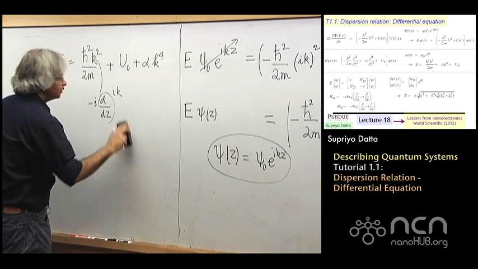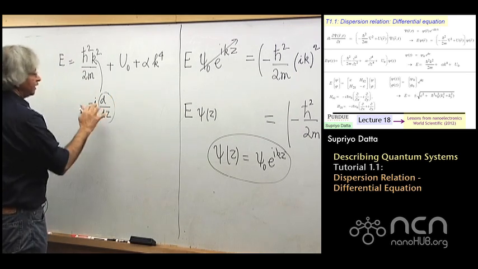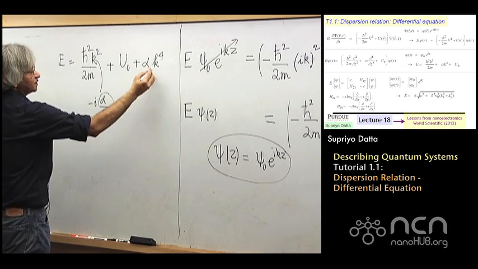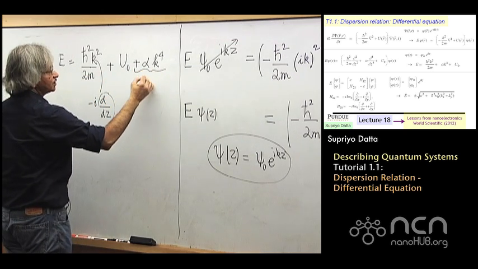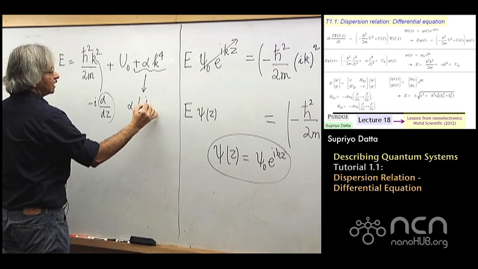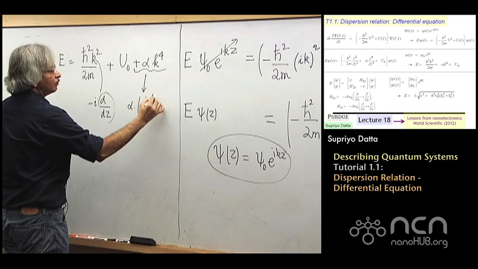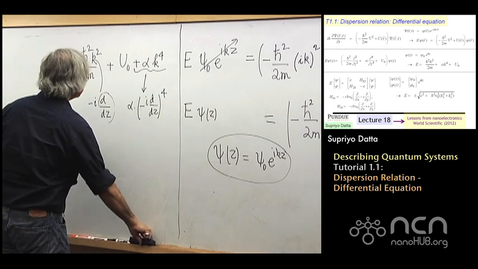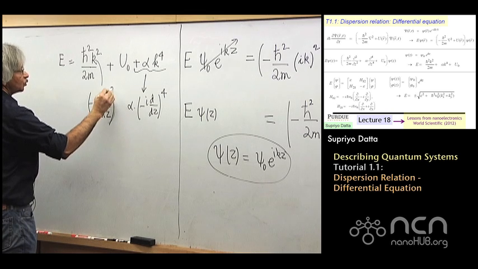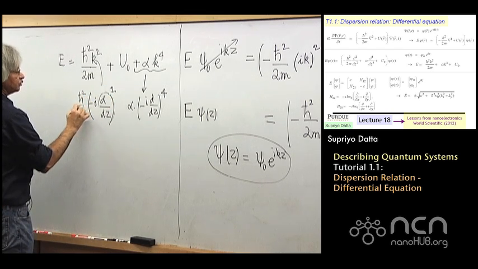So the basic rule would be, wherever you see a k, replace with minus i d dz. So with that principle, you'd think that this term would just give you an additional thing that would look like alpha times minus i d dz to the power 4. Whereas this term will give you minus i d dz square with h bar square over 2m.